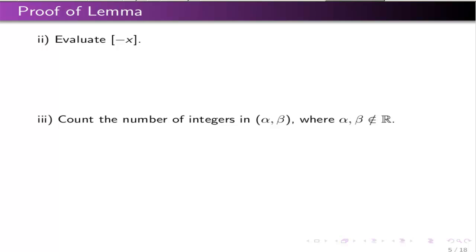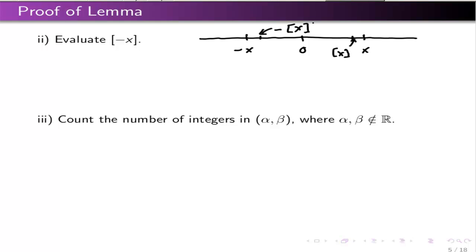In property 2, I want to evaluate [-x]. And we'll just do a proof by picture. You can write down a formal proof. Here's 0. Here's x. There's -x. Right here would be [x]. And right here would be -[x]. And now where is [-x]?